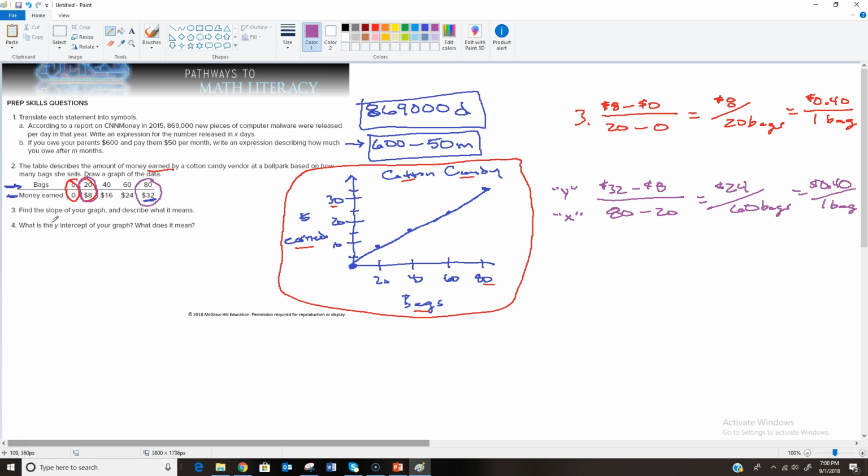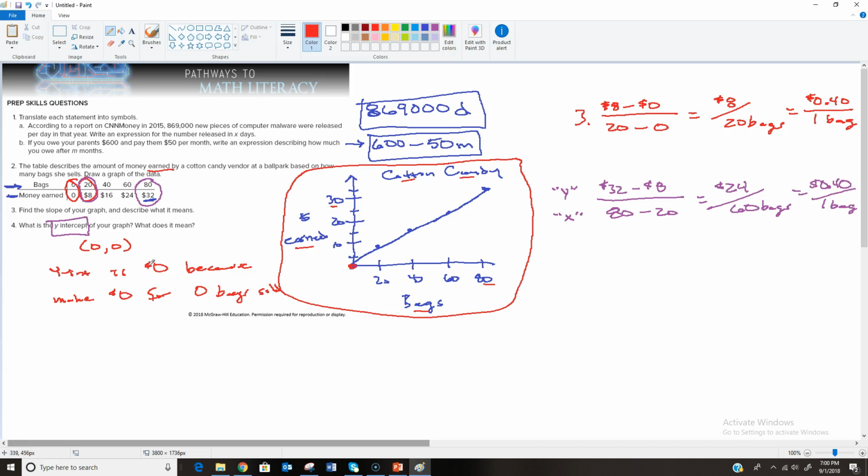Now the intercept is quite a bit easier to grab off of here. If we look at the graph, the y-intercept is just where we started. So the y-intercept, we could say it's (0, 0), or in this case we could say the y-intercept is just 0, which means $0, because you make $0 for 0 bags sold.